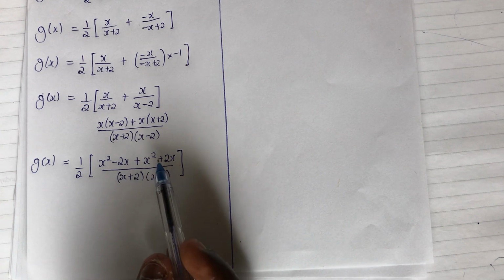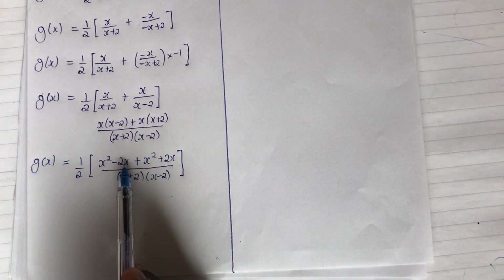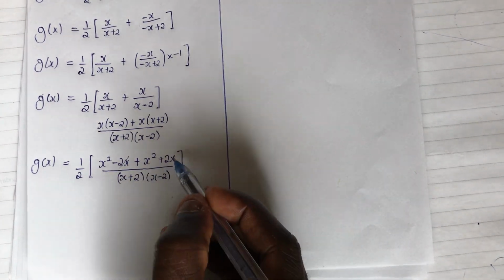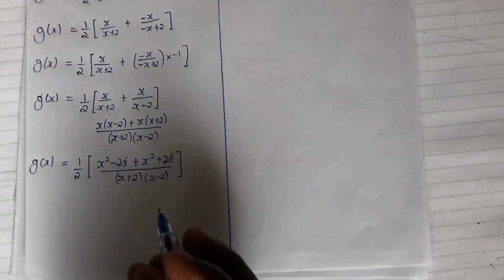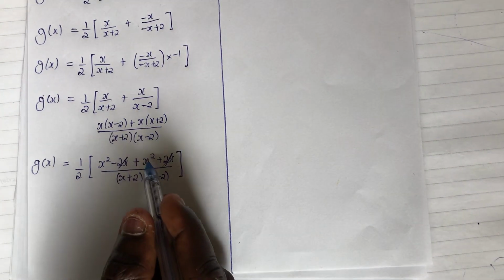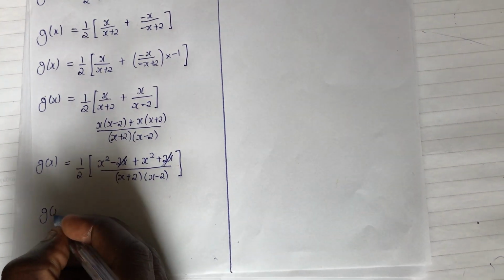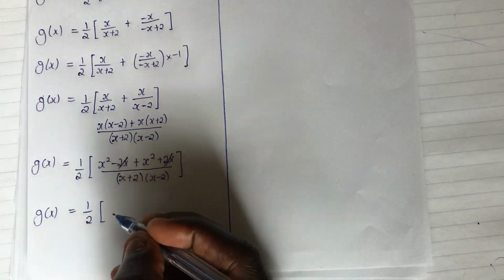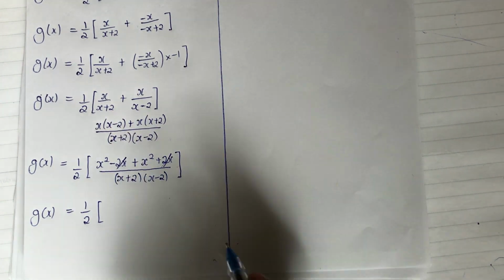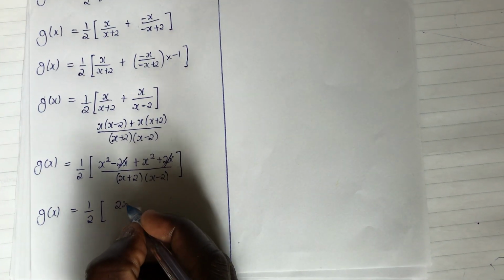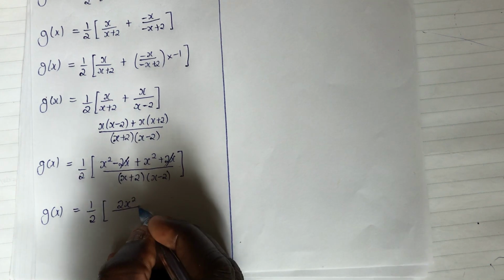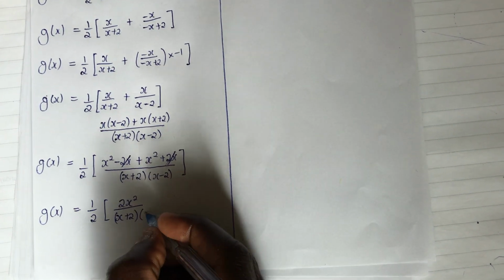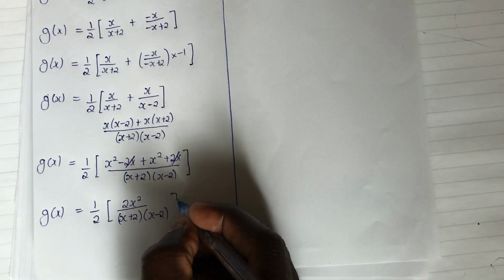Then we know that there is negative 2x here, there is a positive 2x here. They will cancel themselves. So this and this are out. So we are left with the x squared and then x squared. So we have our g of x giving us 1 out of 2 into bracket. x squared plus x squared are the same. So when we add, we have 2x squared all over x plus 2, x minus 2. So this is it.